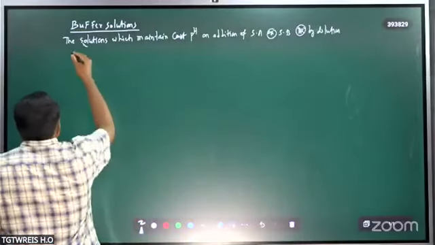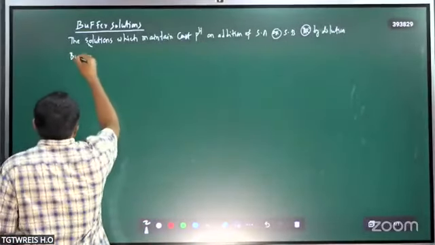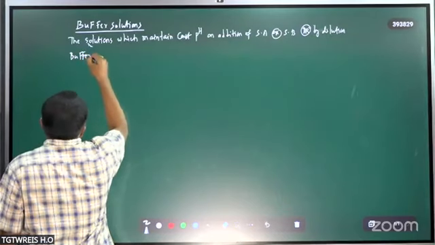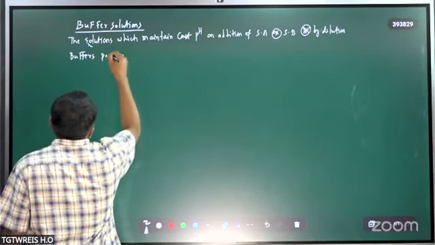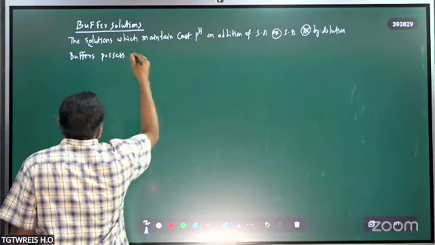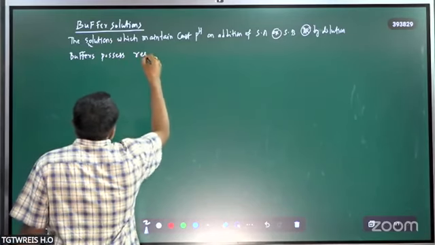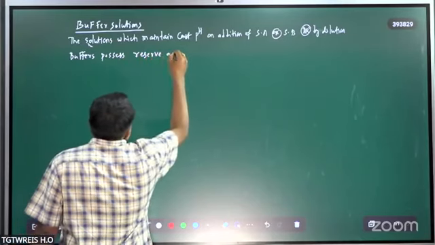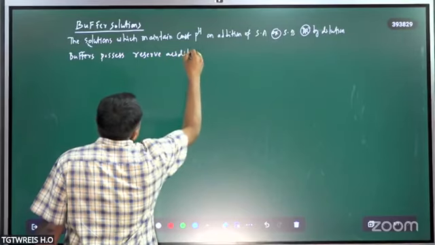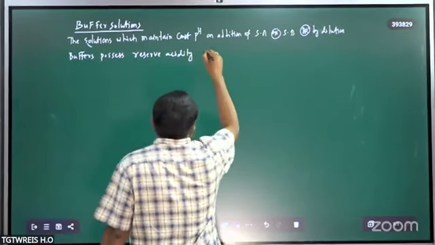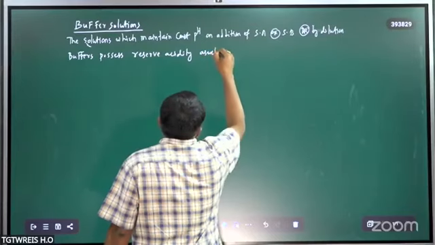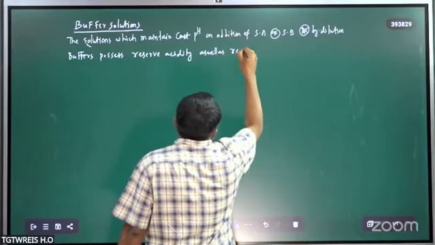Because buffers possess a reserve acidity as well as reserve basicity.